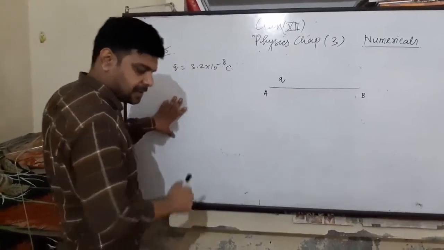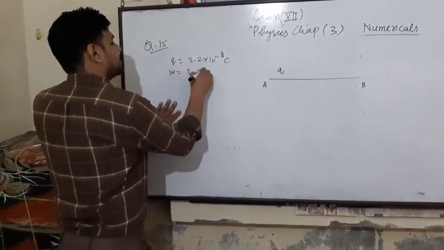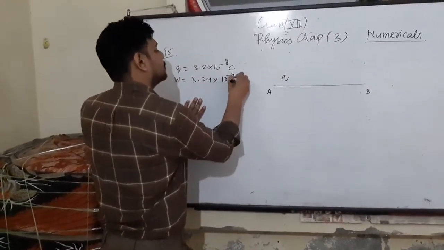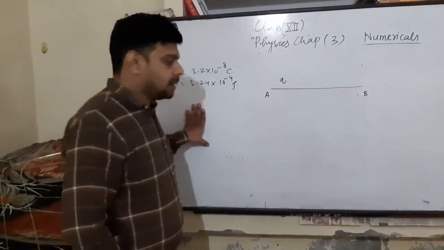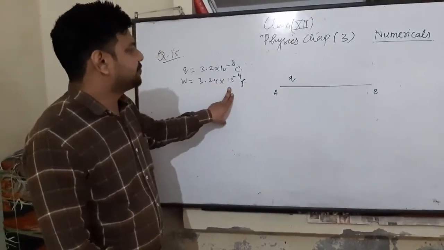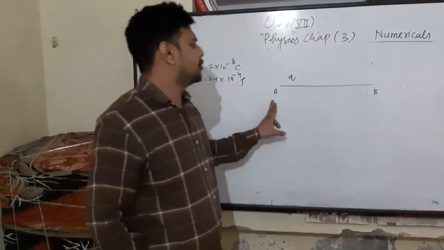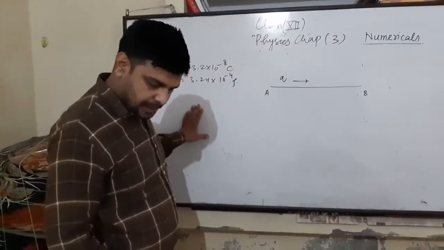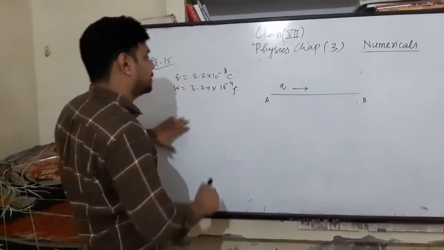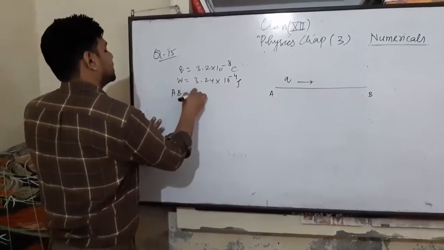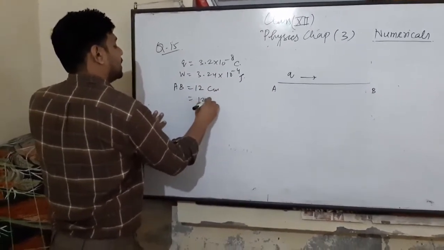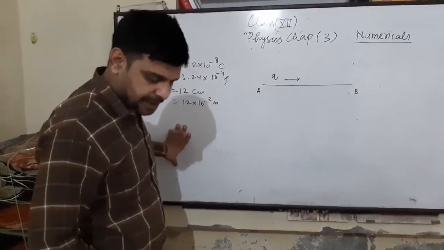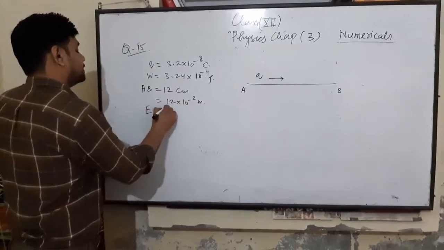The work done W is 3.24 into 10 to the power minus 4 joule. This work is done in taking this charge from point A to B in a uniform field. If the distance AB is 12 centimeter or 12 into 10 to the power minus 2 meter, calculate the intensity of electric field.